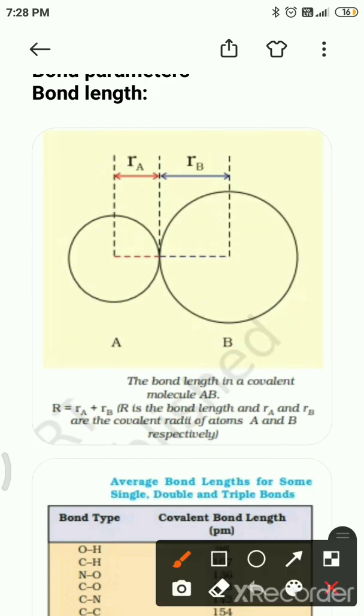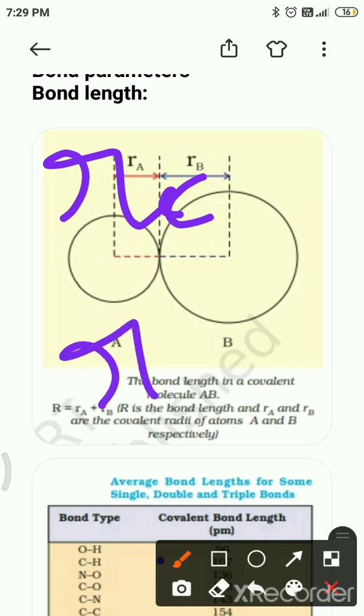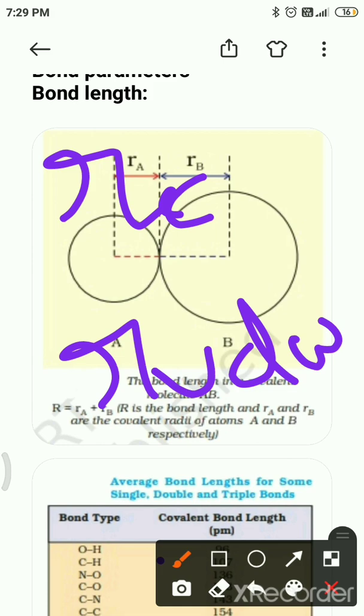The covalent radius we can represent like this, RC, and the van der Waals radius we can represent as RVDW. This indicates the van der Waals abbreviation.